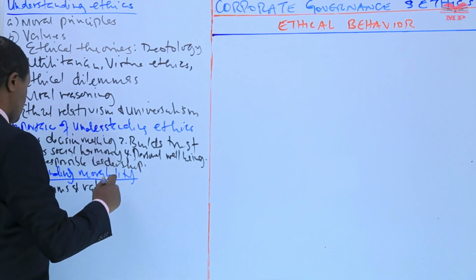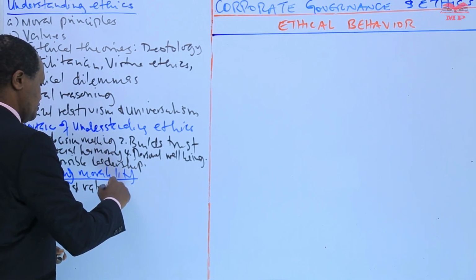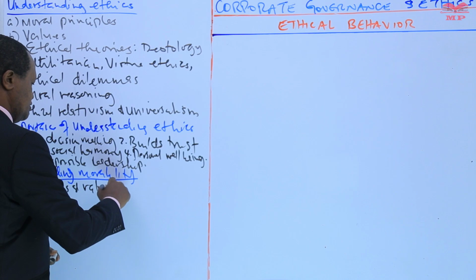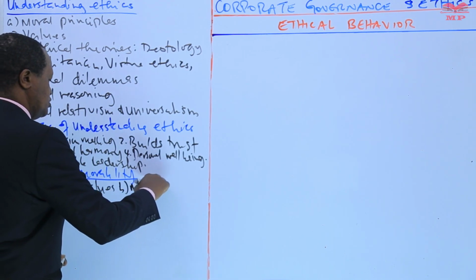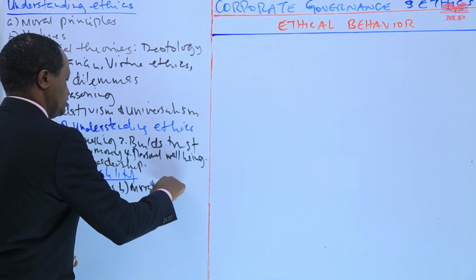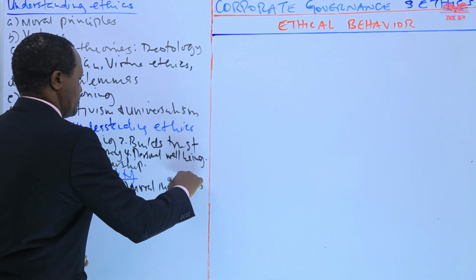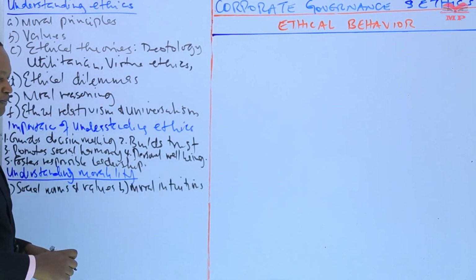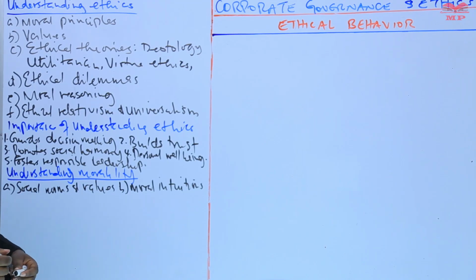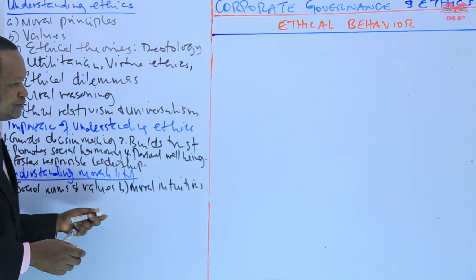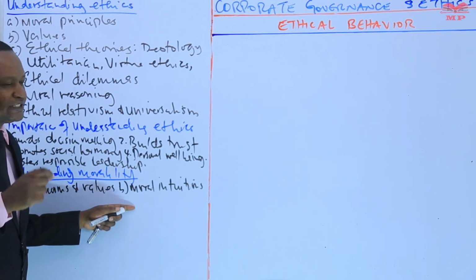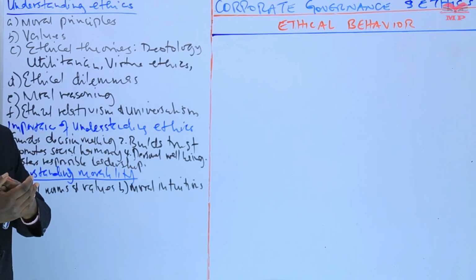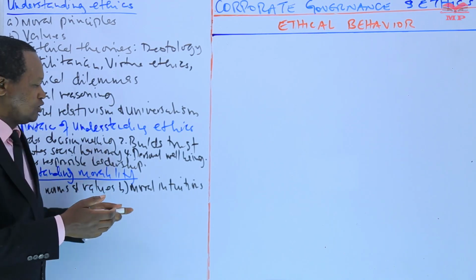Two, we have moral intuitions. Now, moral intuitions are the gut feelings or instinctive judgments about what is right or what is wrong.